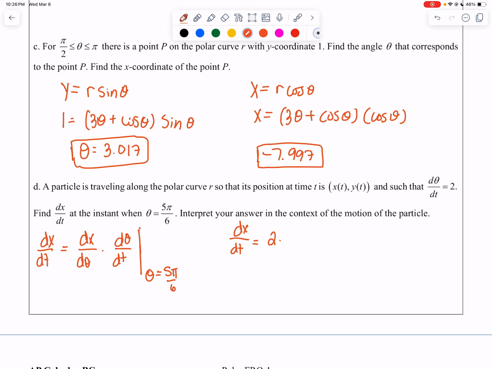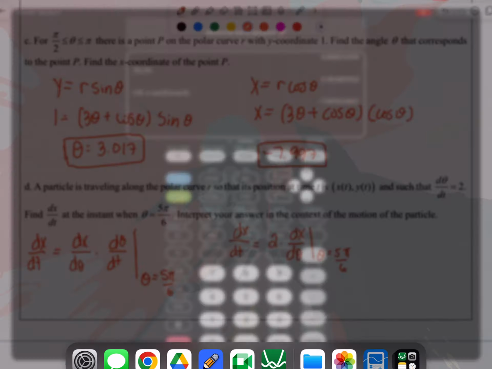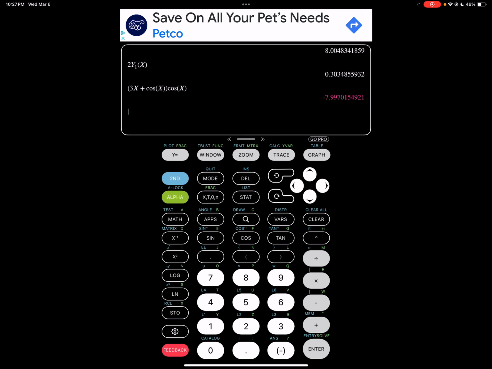And then I need to figure out what dx d theta is. I already have x right here, 3 theta plus cosine of theta times cosine of theta. So what I have to do really is just take the derivative of this at 5 pi over 6 and then multiply that by 2.